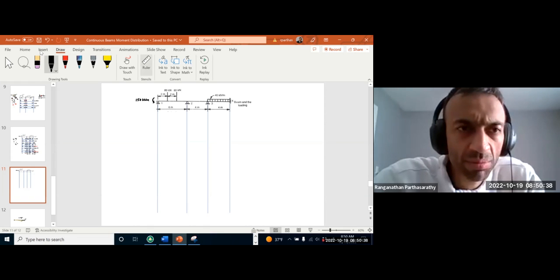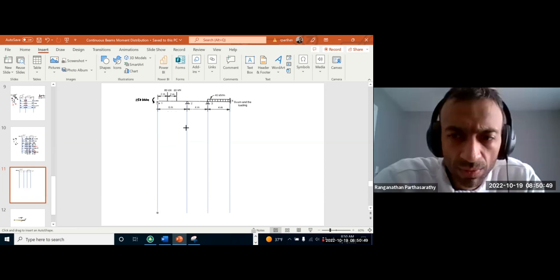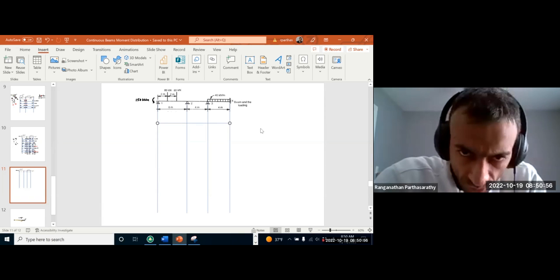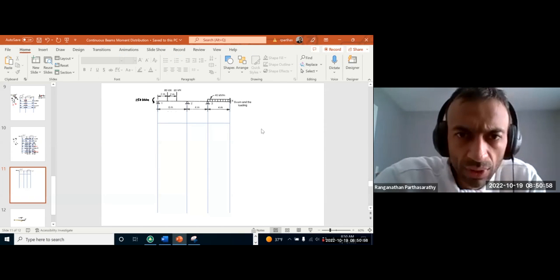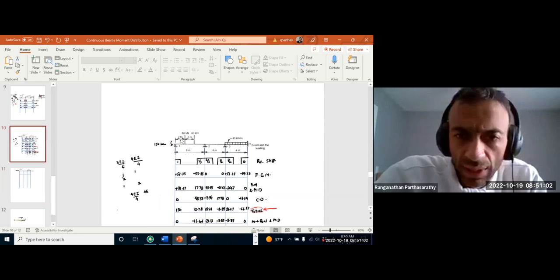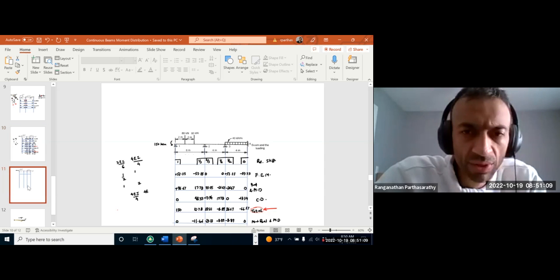I put PL by 9 instead of 2PL by 9, but we are going to fix it right now. So let's put relative stiffnesses. This one was okay: 3EI by 6 and so on. So 1, 1/3, 2/3, half, half, and 0. That was okay.